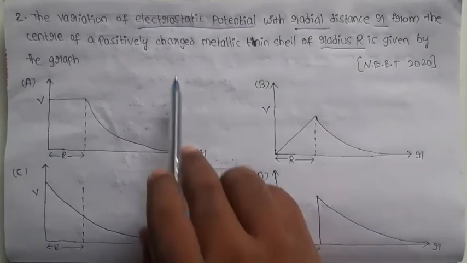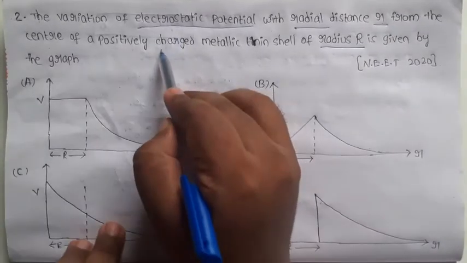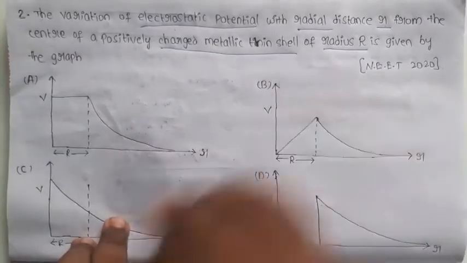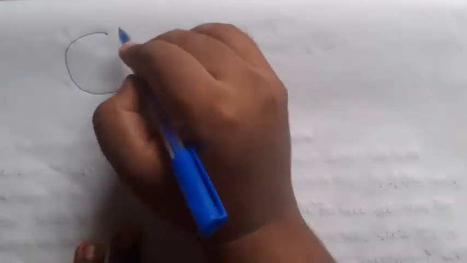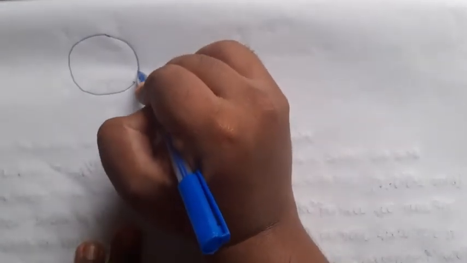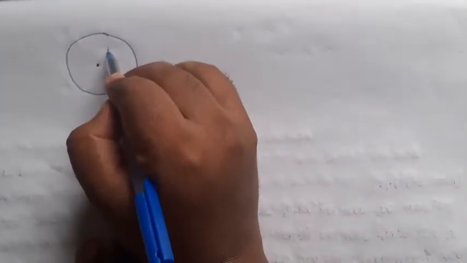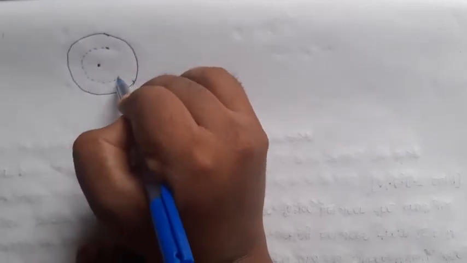So here we are taking the charged metallic thin shell. Suppose this is a charged metallic thin shell. It has a center. Suppose I am assuming a Gaussian surface. This is the Gaussian surface.